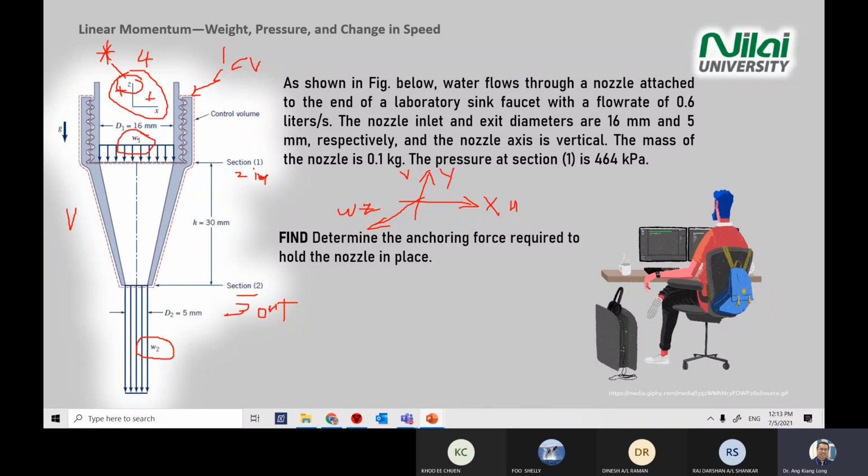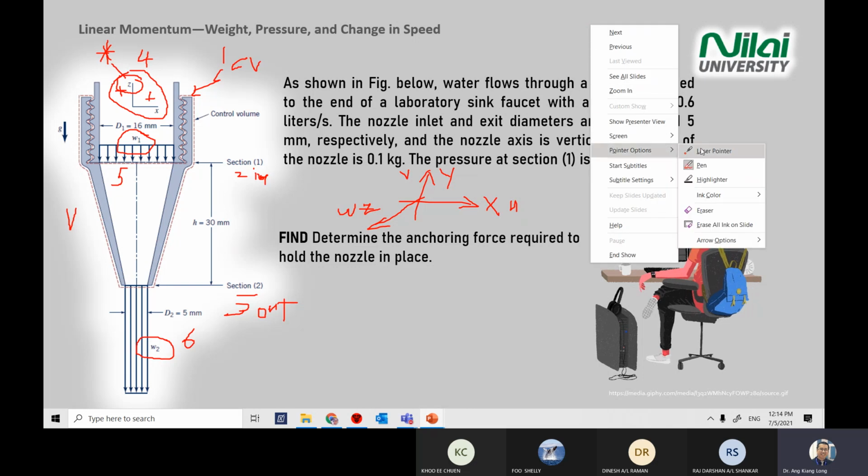This W1 means the flow from the input, from inside the string or from the vessel. Then W2 is coming out. Okay, so step number 5 is your velocity. Where is in, where is out, right? In this case, you have only one in and one out.